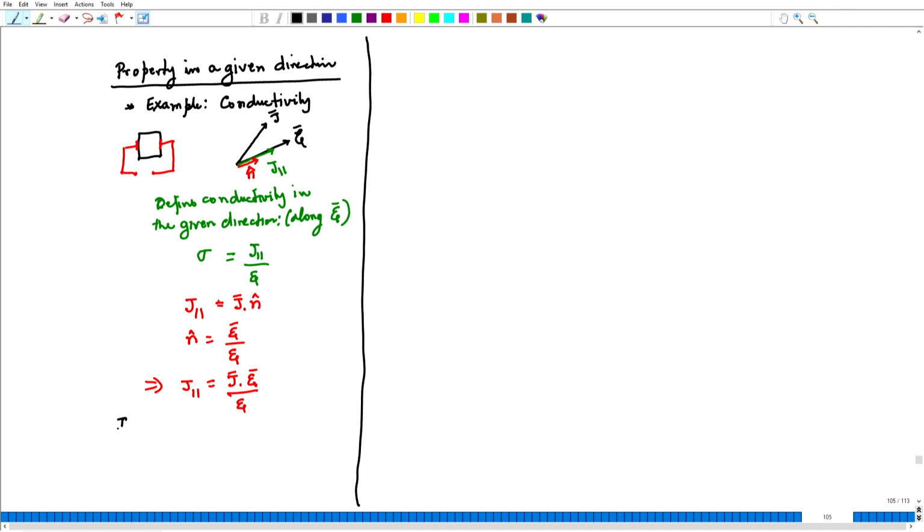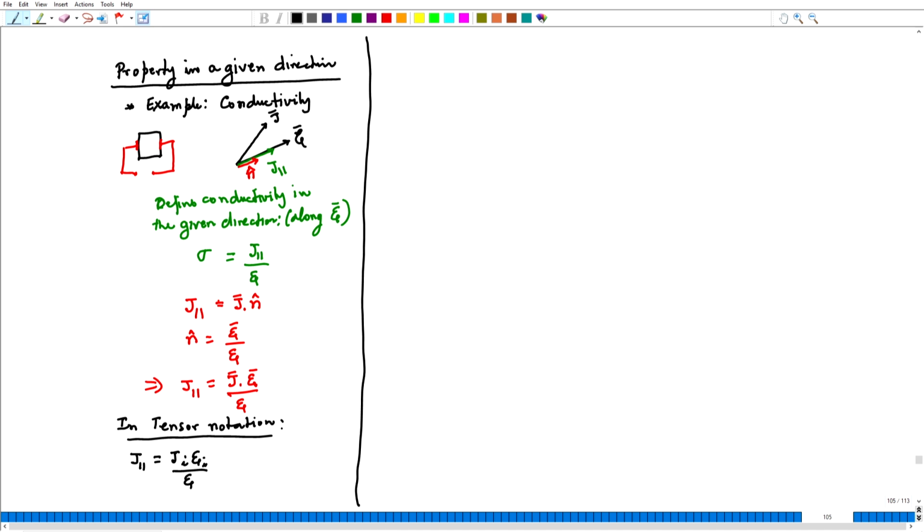Now, in tensor notation, I can write the parallel flux as Ji multiplied by Ei divided by the magnitude.